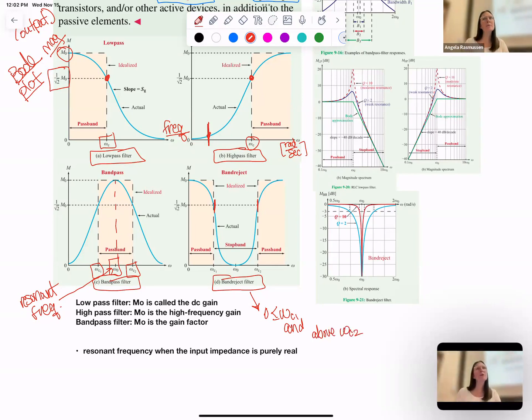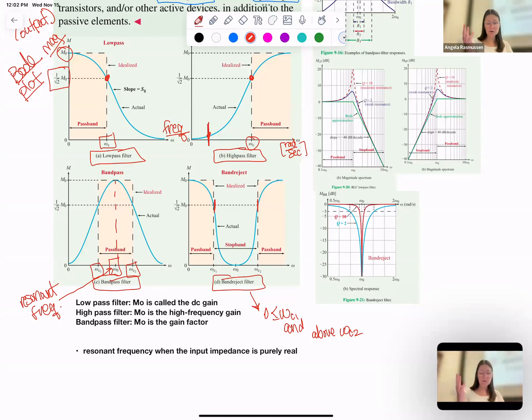So those would be the operating regions of the band reject. So these are the forms that the circuits make when I'm seeing different frequencies and how the magnitude will be.